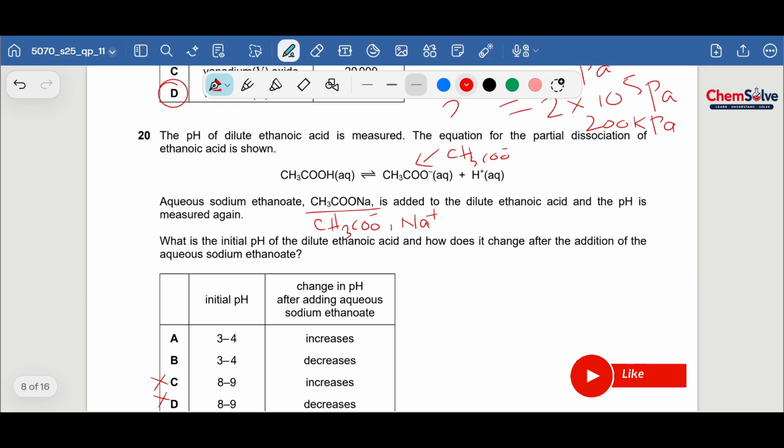Now look at the change in the pH after the aqueous sodium ethanoate is added.